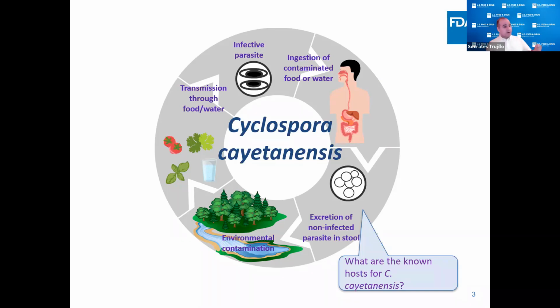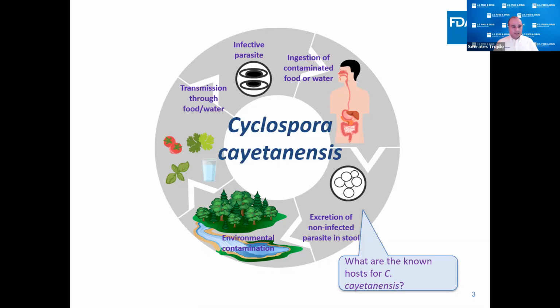And as I mentioned earlier, humans are the only known host of Cyclospora cayetanensis. Although there are some studies indicating that they have detected the presence of this specific pathogen in other organisms, such as birds, there's no indication that the birds develop the disease.